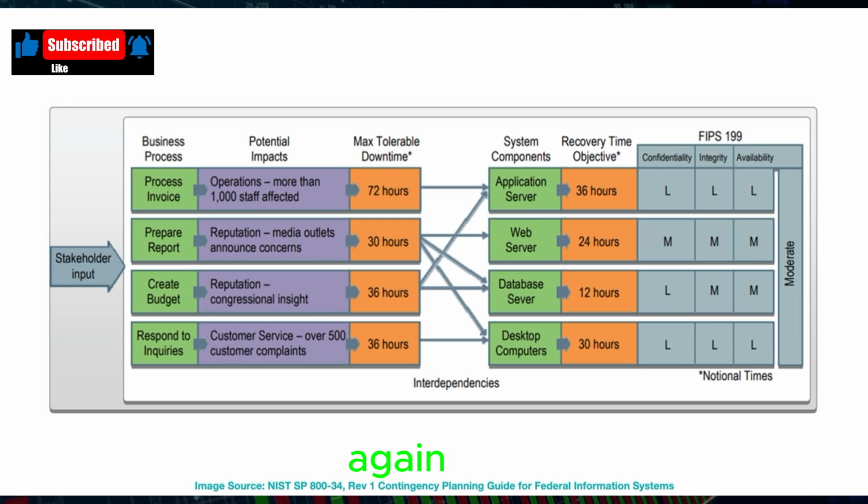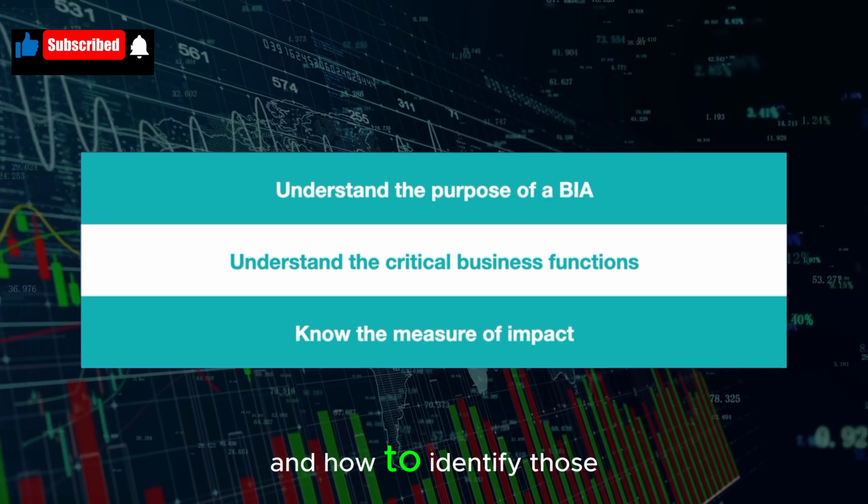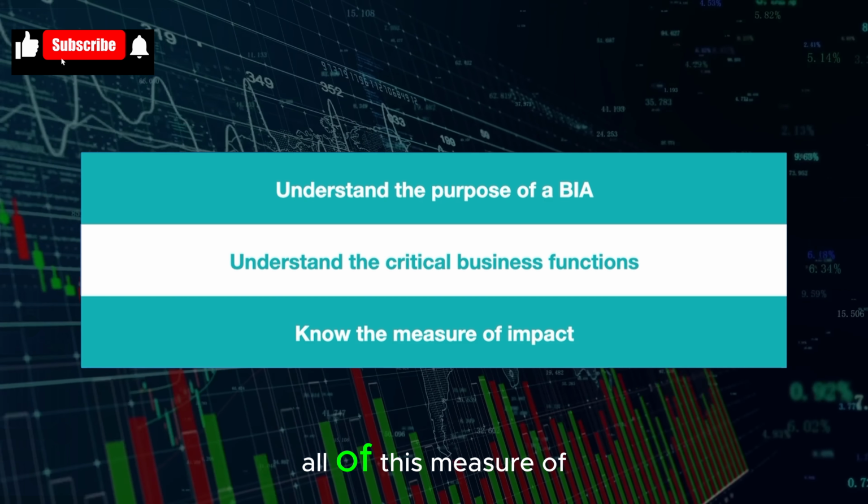So again, this is all based on your tolerance level. What is the risk tolerance? And everyone has a different tolerance level, right? Okay, so the bottom line for the business impact analysis is you need to understand the purpose of it, you need to understand the critical business functions and how to identify those, and then you want to know all of these measures of impact.